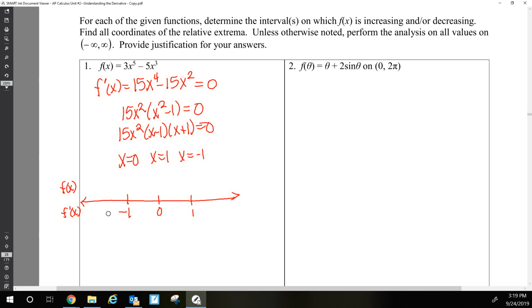Let's figure out what is happening to the left of negative 1. Pick any number you want less than negative 1. I'm just going to choose negative 2, because why not? I'm plugging it into the factored form. If I plug in negative 2, I have 15 times negative 2 squared. That's going to make it positive.